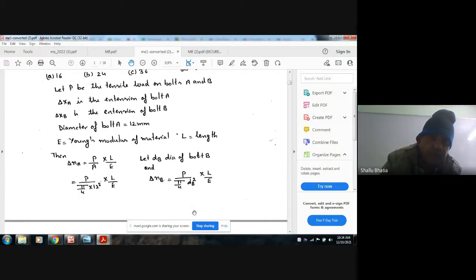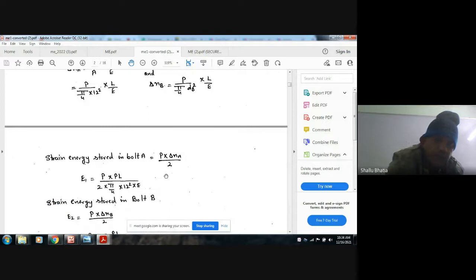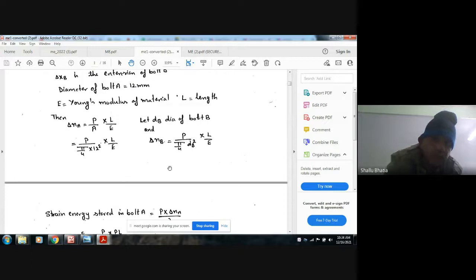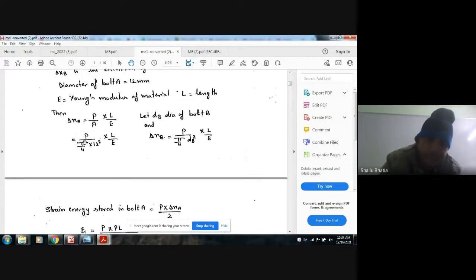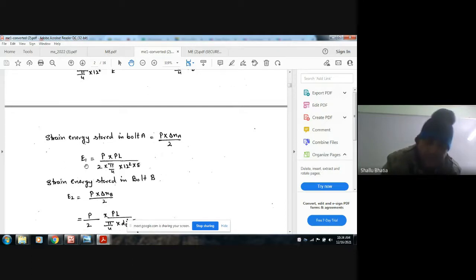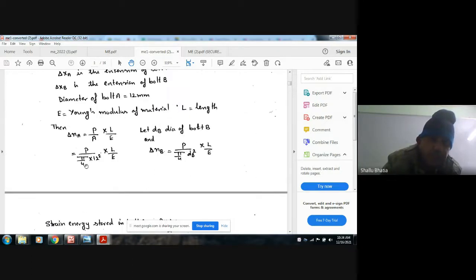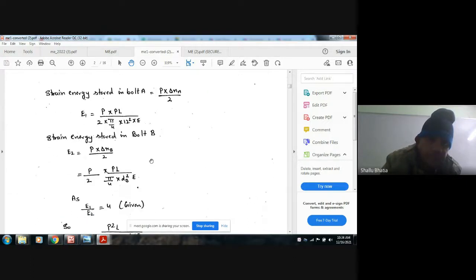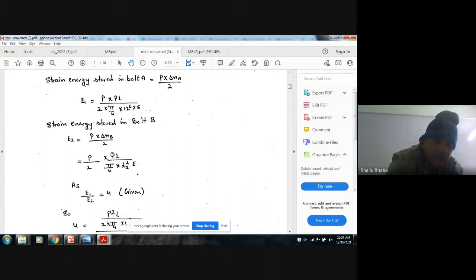Now the energy stored is force into displacement by 2. So the force is P and the deflection is del XA for bolt A, which gives the energy. Similarly, the energy stored in B is P into del XB by 2, that is P by 2 times PL divided by pi by 4 dB squared E.